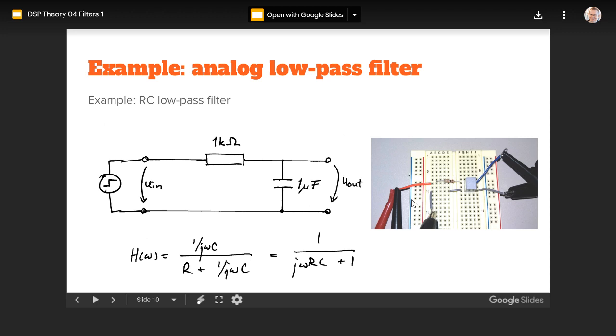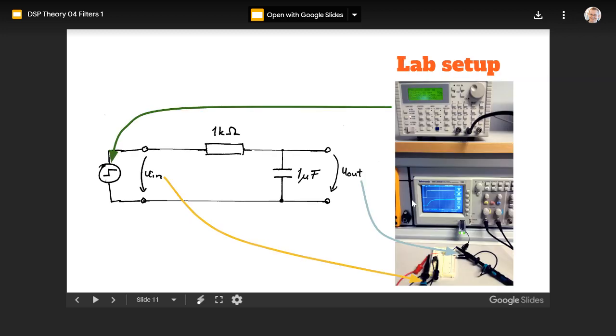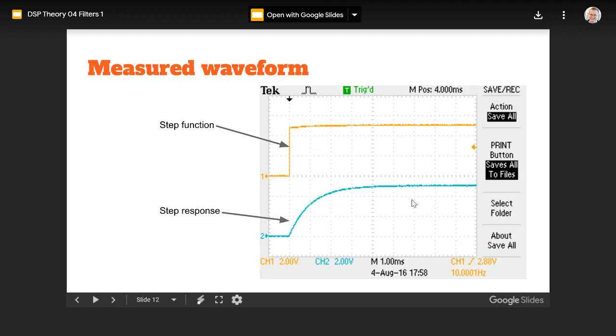Okay, so the easiest system in the world, an analog low pass filter. You are familiar with that one. You can do that lab setup and just run a step function, meaning a square wave, and the output would be the step response.